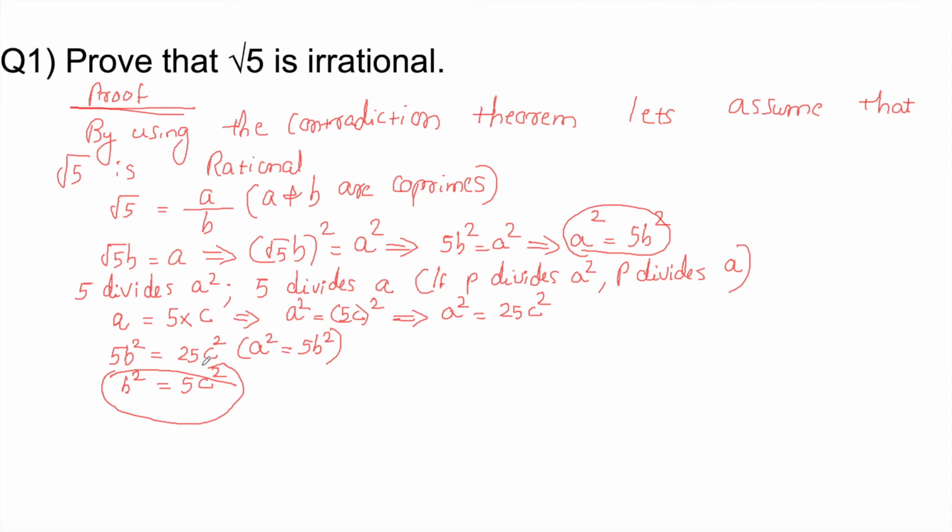Root 5 is a rational number where root 5 is equal to a by b and a and b are co-primes. So we can conclude that root 5 is irrational. Okay. Here a and b share common factor 5.